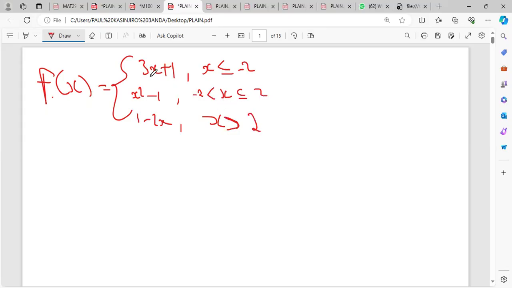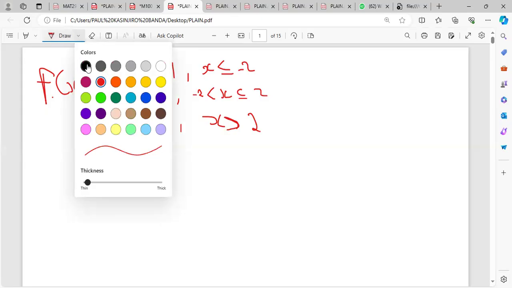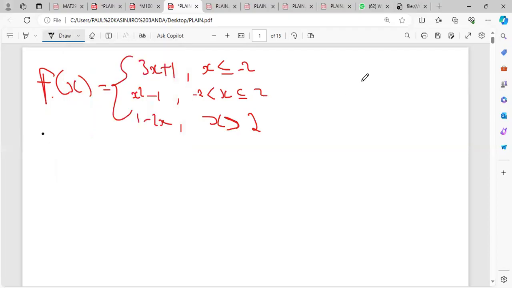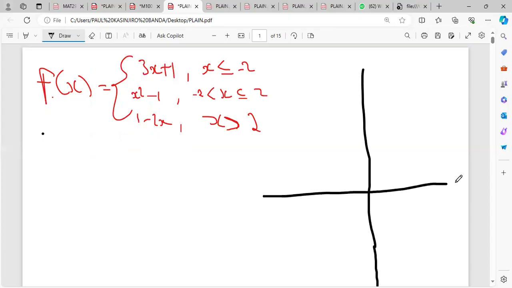So to graph it, we're going to graph first this one in this region. Let me use black. We are going to sketch it step by step. So if I have my XY plane here, these are my Y values, and then this is my X. You're going to have your 0 there, then a 1, and then a 2, 3.